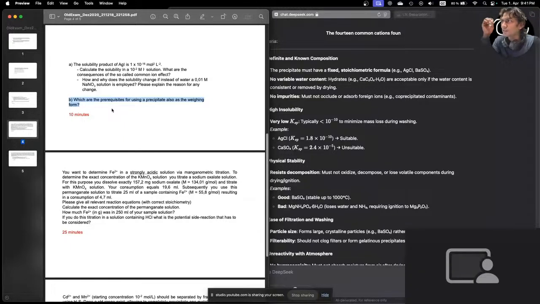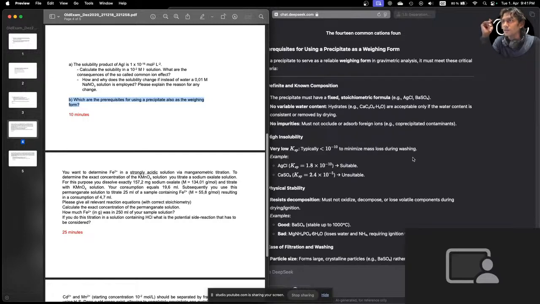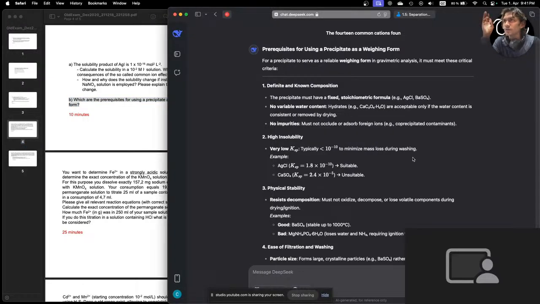So which are the prerequisites for using a precipitate as a weighing form, according to gravimetric analysis?